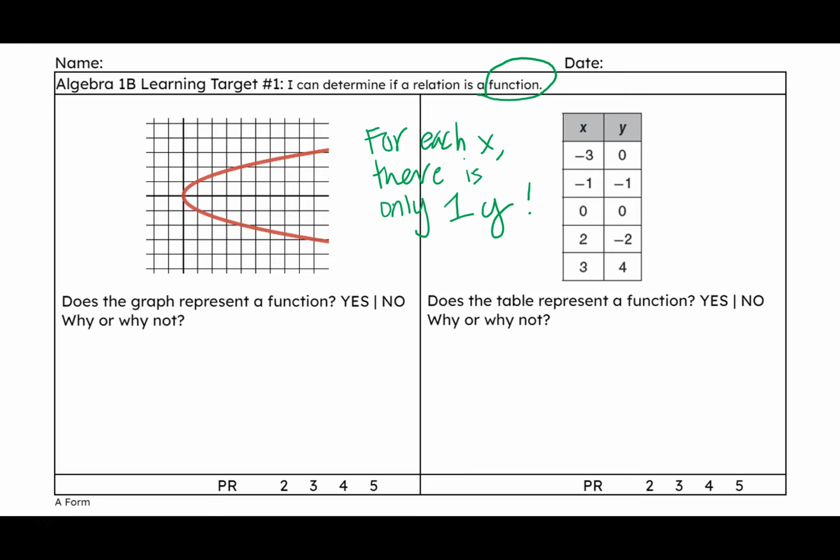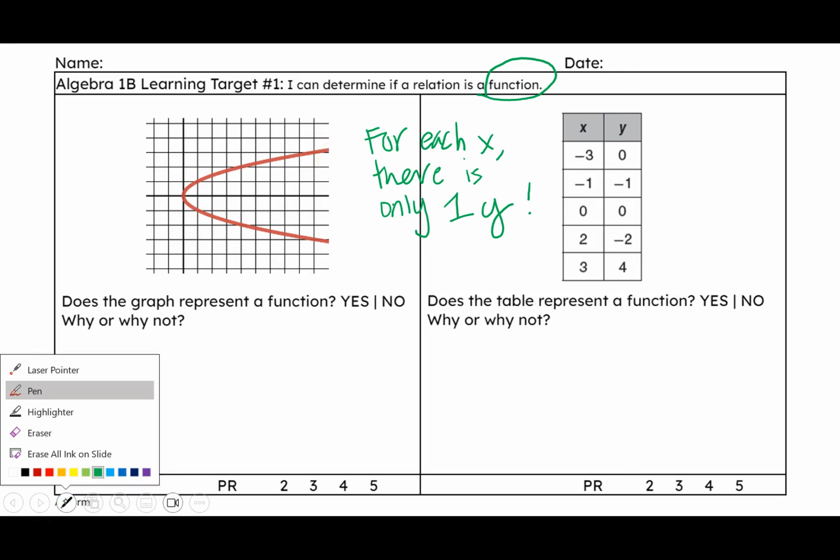So let's test to see, using a graph, if we can tell if this red line here represents a function or not. All I need to do is find one value of x that has more than one value for y. So as soon as I find one that doesn't work, then automatically I can say, nope, that is not a function.